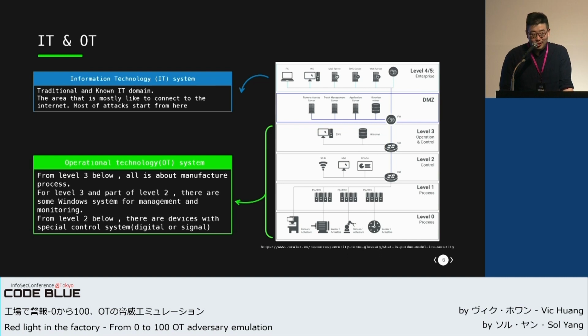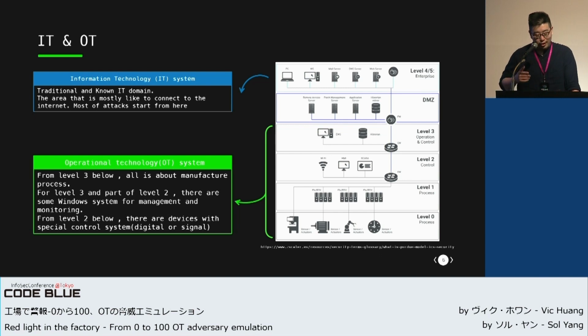Next is IT and OT. Generally, people use the Purdue model to define the IT and OT in an ICS network. From there, level 4 and level 5, the top of the graph, is IT.